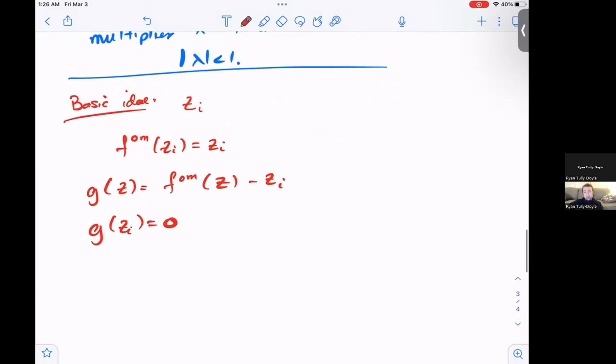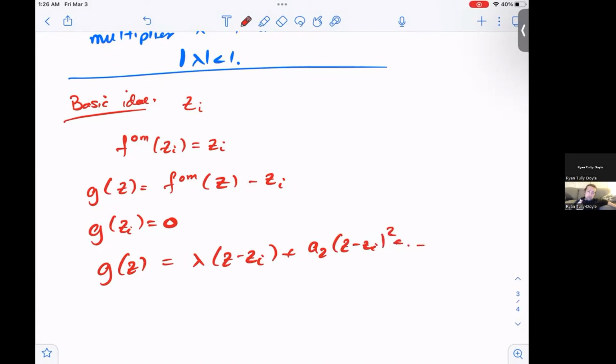And once you have that in place, you can basically expand g as a power series around z_i. Generally, g of z is going to expand as something where you have lambda times z minus z_i, and then some other sort of higher order terms that you don't care about. So a_2 times z minus z_i squared, and so on.